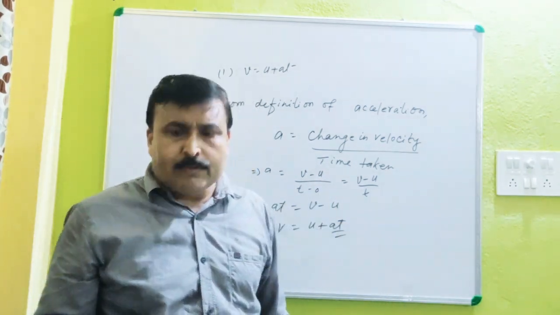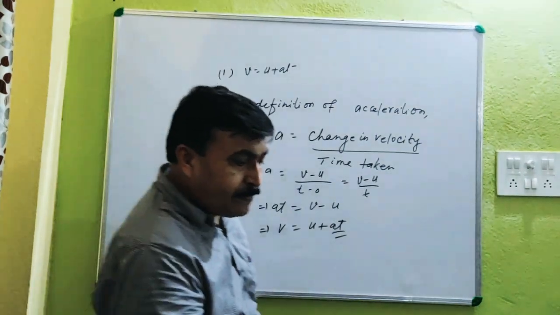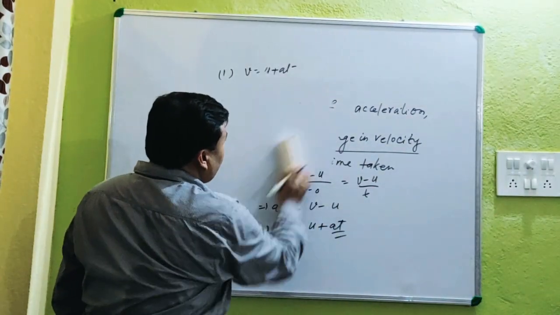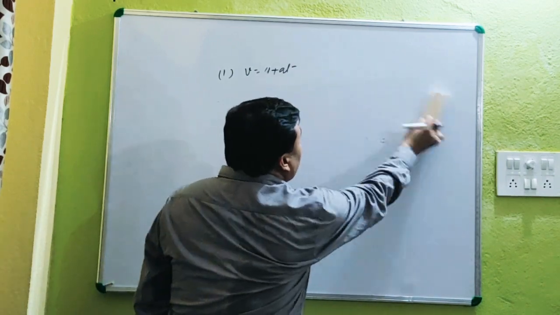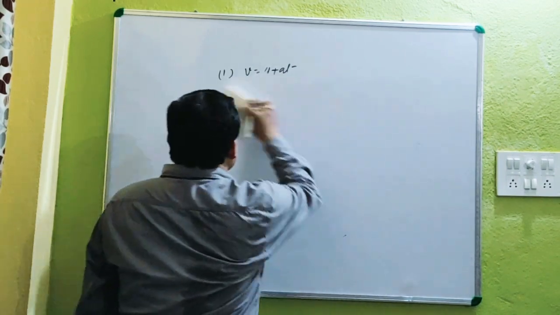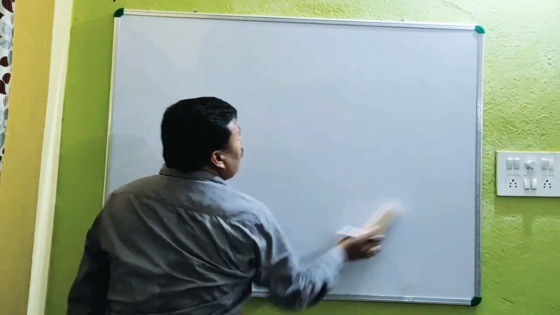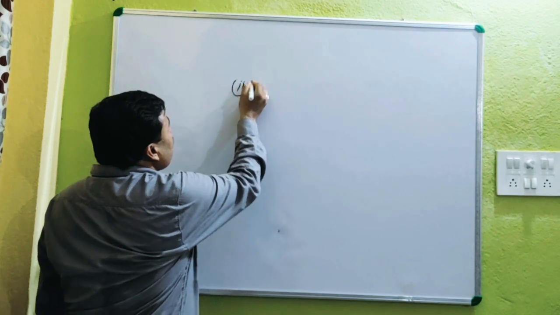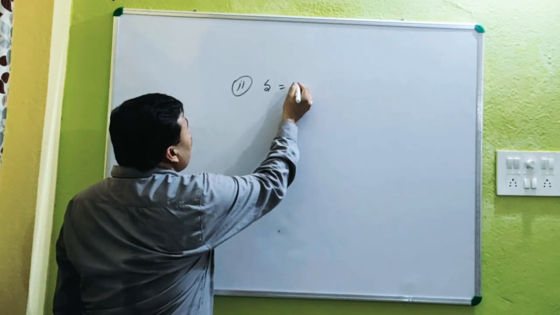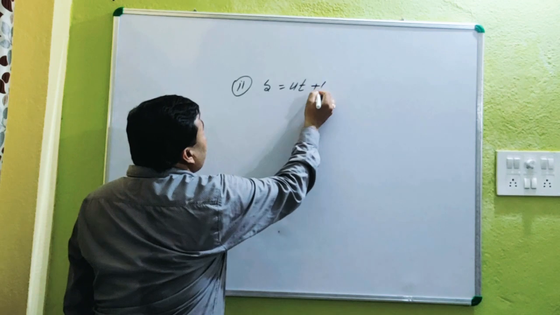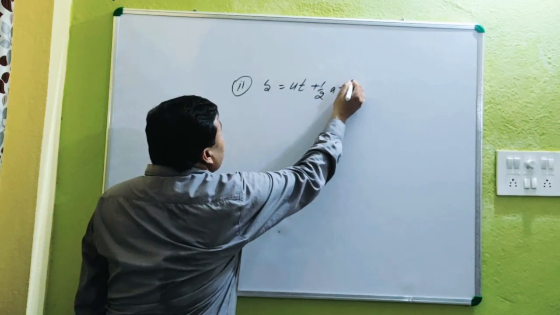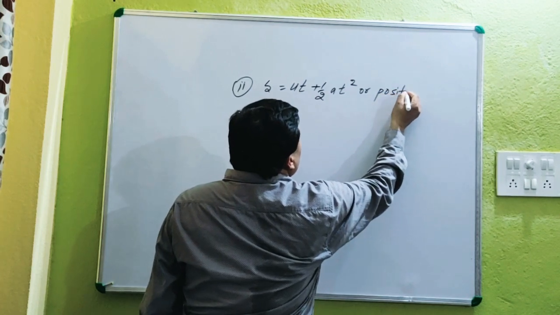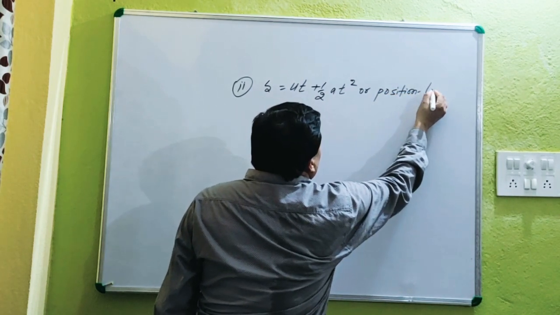Now we will derive the second equation of motion, that is s equal to ut plus half at square.